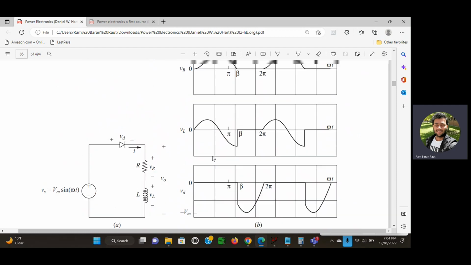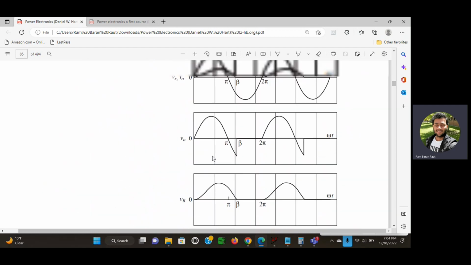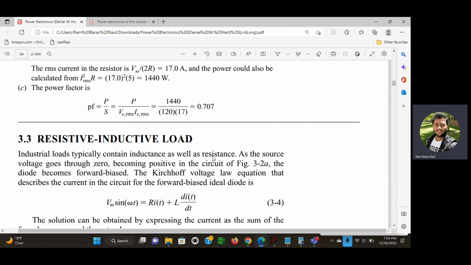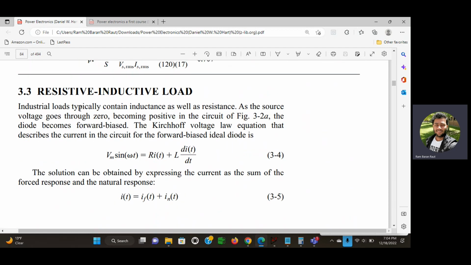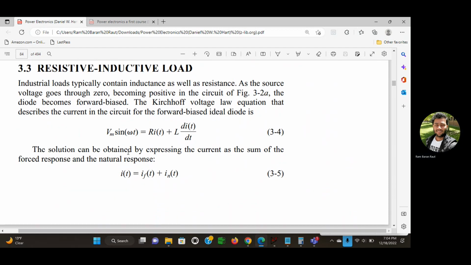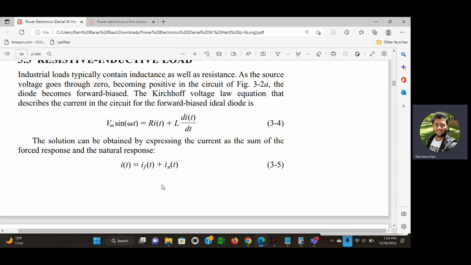I'm just going to give you a quick reference for the theory. This is the theory for a resistive inductive load, and this is Kirchhoff's law. This is for the current, the forced response, and the natural response.